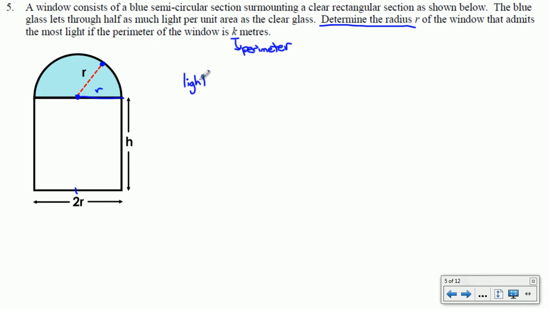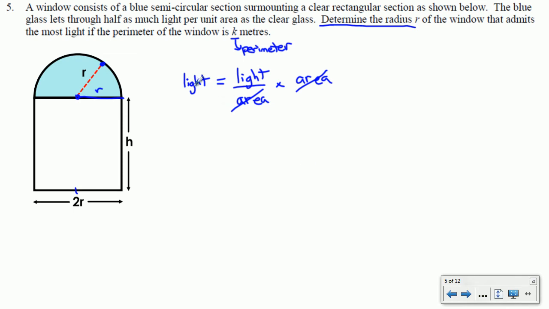So light equals light per area times area. When I multiply this quantity by this quantity, area cancels and I'm left with light. So if I find the area of the rectangle and the area of the semicircle, I'm well on my way to figuring out the total amount of light.